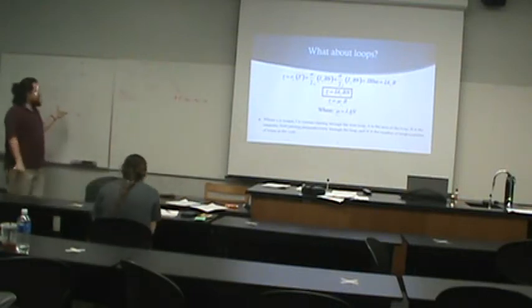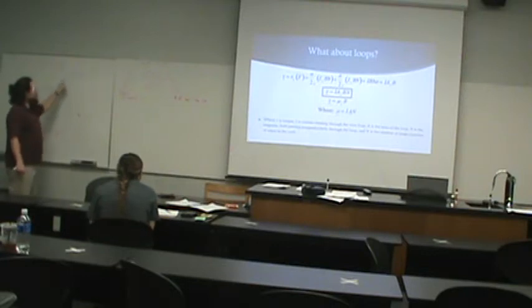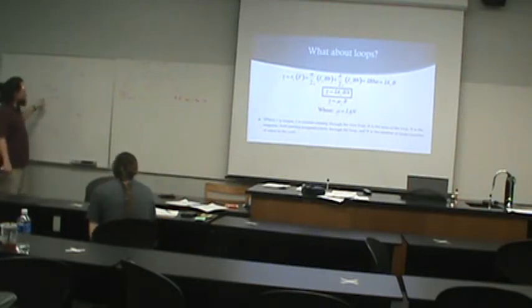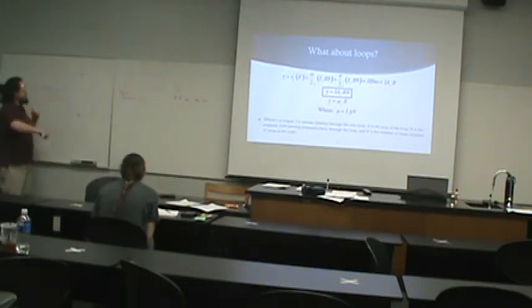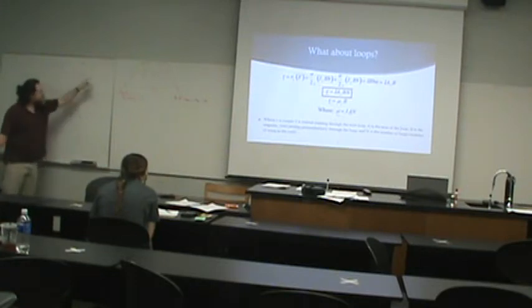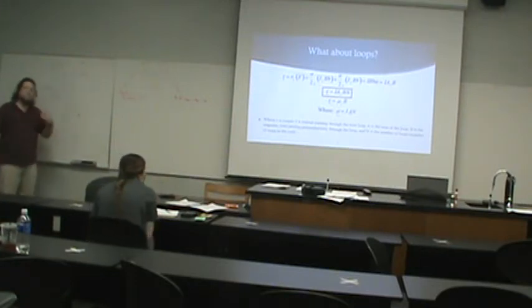As this has been drawn, this motor would only have one loop because the wire just goes through the field one time. But I could, if I wanted to, bend it in such a way that the wire doubles back around a few times before coming back out, and the number of times it goes back through is the number of loops.